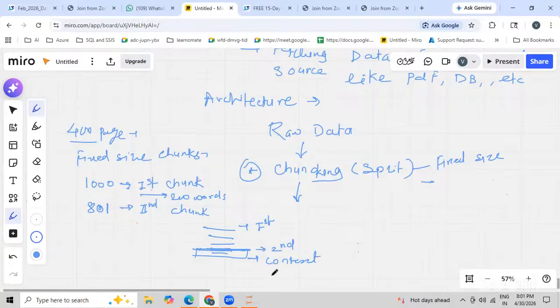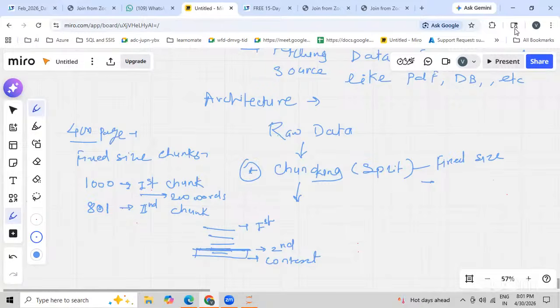It will store some context about your previous chunk, and for that reason we require chunk overlapping. The interviewer will ask you this question: why do you require overlap? Because to store the context of the earlier chunk, we require some overlapping. I hope you got this concept.